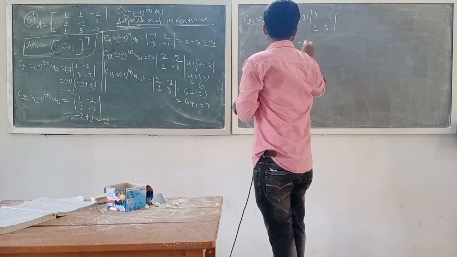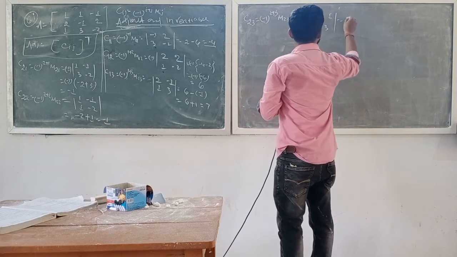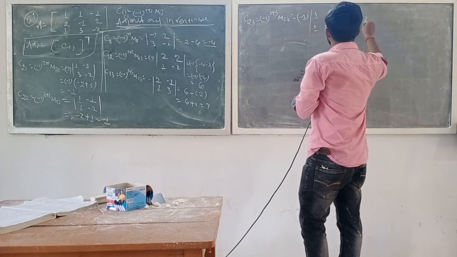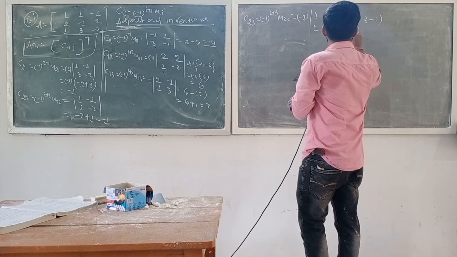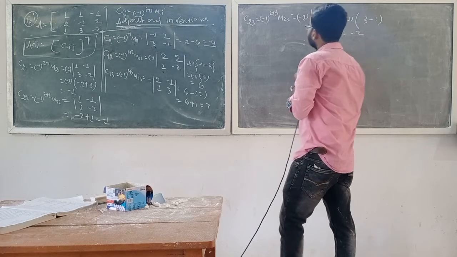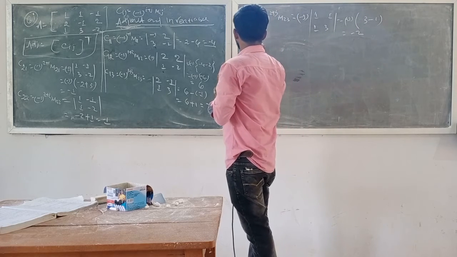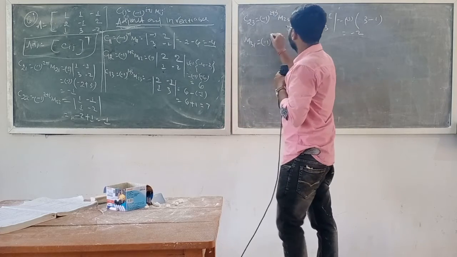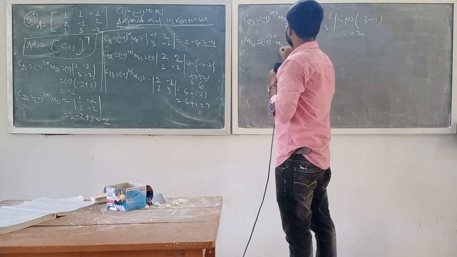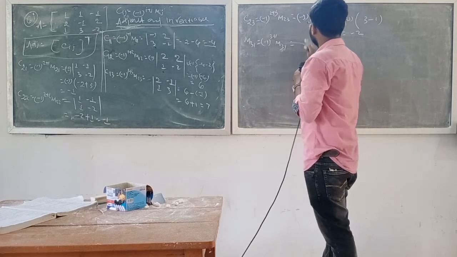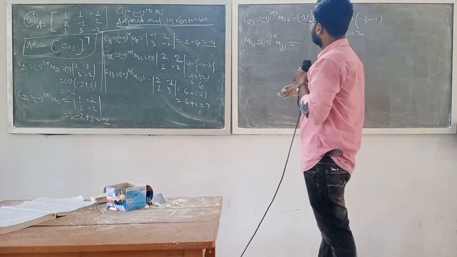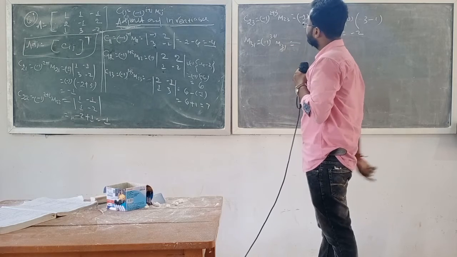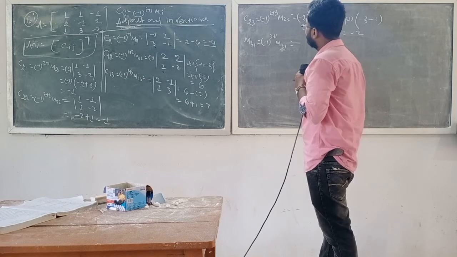So that -1 into 3 minus 1, that is 2 minus 2. Then C31 is -1 to the power 3 plus 1 into M31. So -1 to the power 3 plus 1, that is -1 to the power 4, that is plus 1.